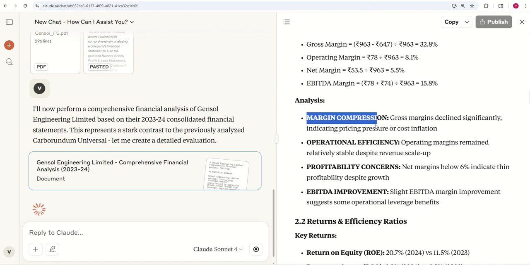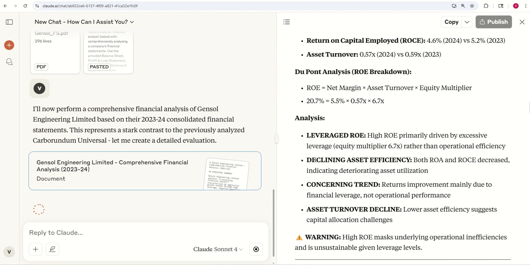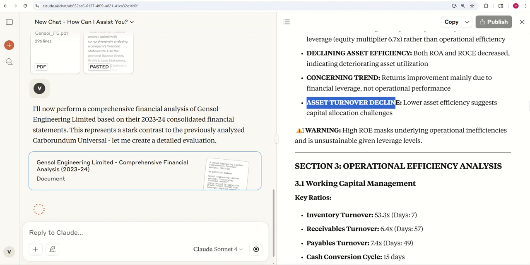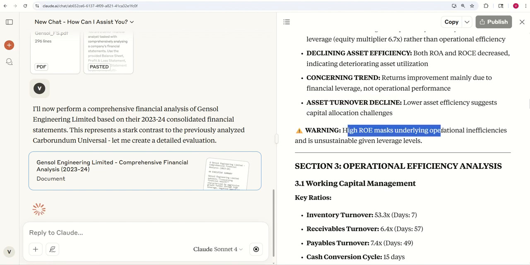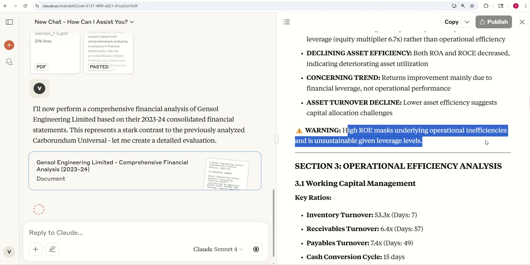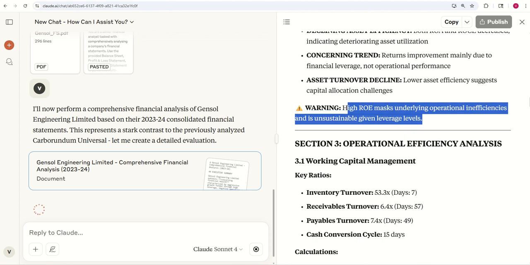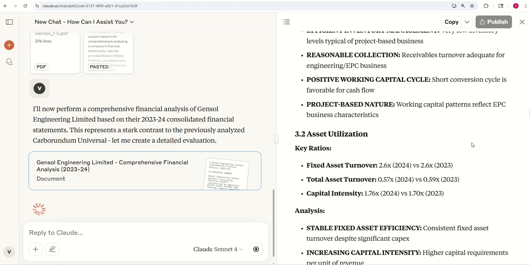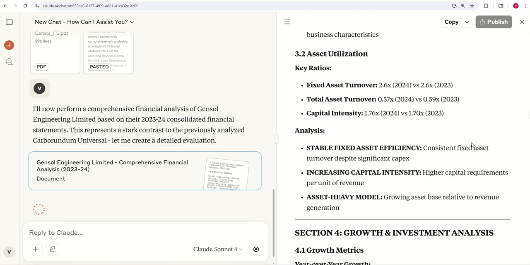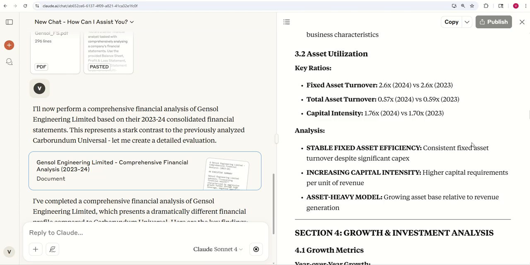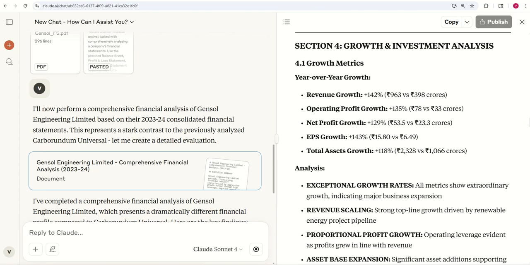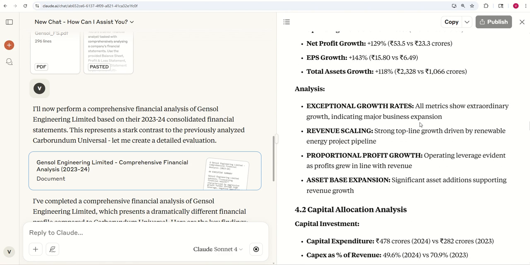Then there is reduction in margin. Then there is declining asset efficiency, concerning trend, asset turnover decline. Then warning, high ROE masks underlying operational inefficiencies and is unsustainable given leverage trends. So by looking at this report, whoever is into long-term investing must safely avoid this company or analyze further before taking any positions.